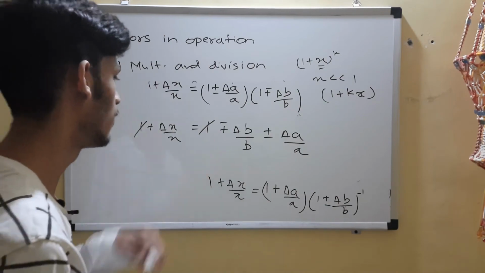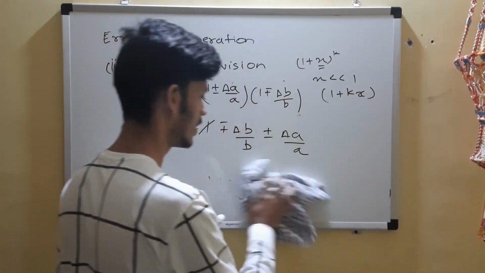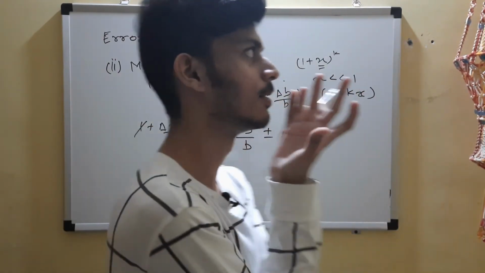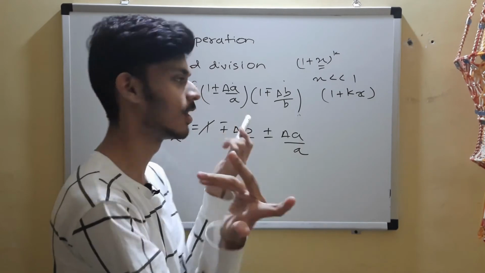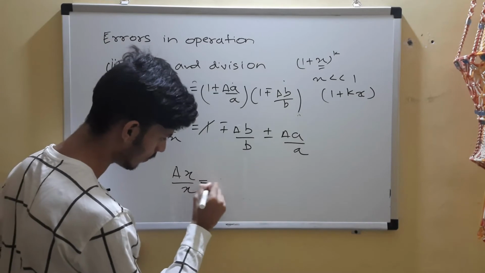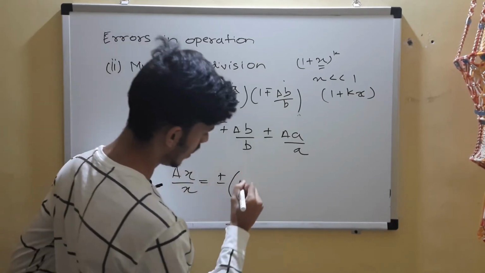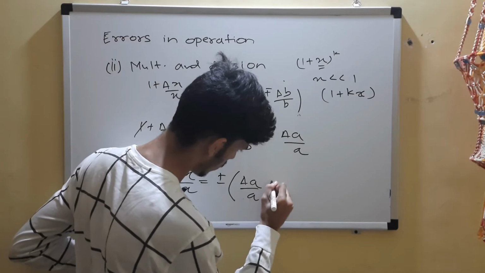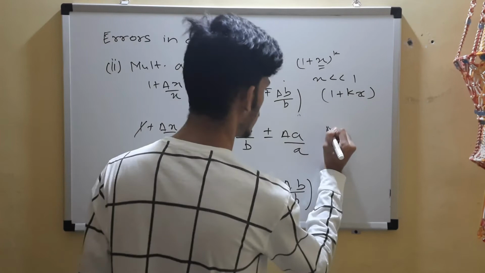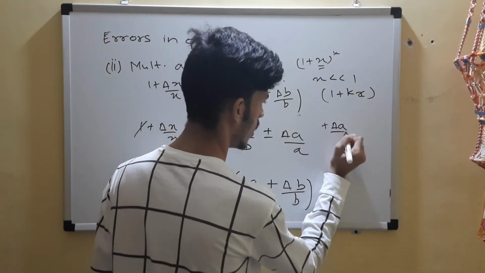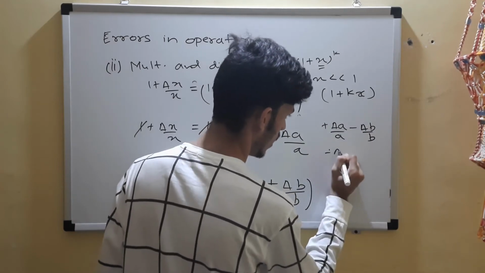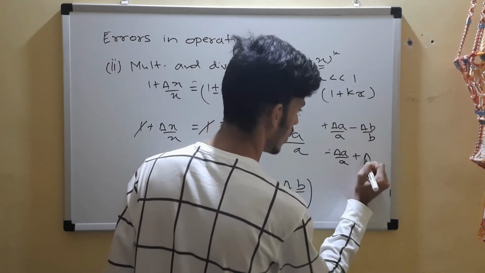Again we have the same thing, just that the signs are flipped, but we will take the combinations and look out for the one that contributes the most. And we know, what is that? Both with the plus sign will contribute the most. So delta x by x will be plus minus delta a by a plus delta b by b. We will take their combinations like plus delta a by a minus delta b by b, plus minus delta a by a plus delta b by b.